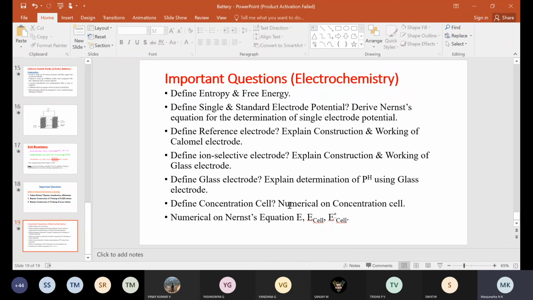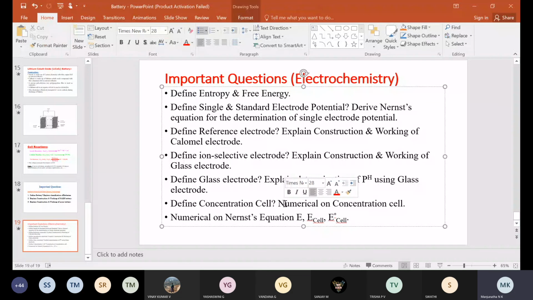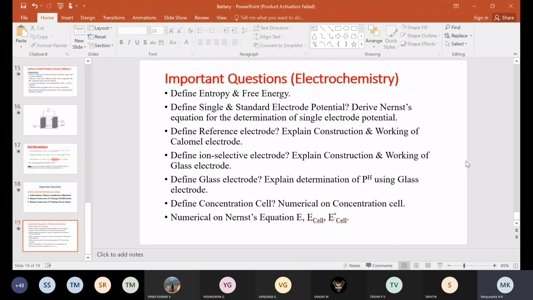Next, another possible one, you will get two numericals: one numerical on the basis of concentration cell, another numerical on the basis of Nernst equation. Here, to solve the numerical on the basis of the concentration cell, you need to remember the formula, that is E cell is equal to 0.0591 divided by n log concentration of C2 divided by concentration of C1.